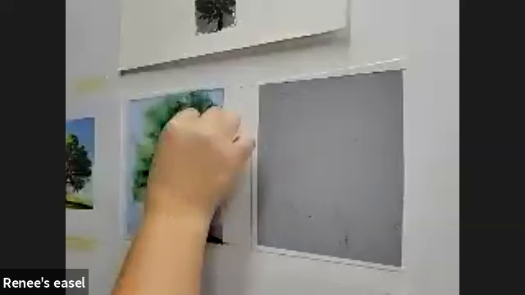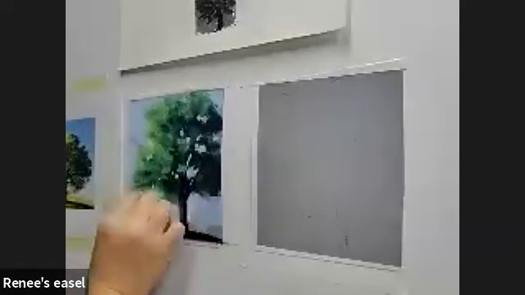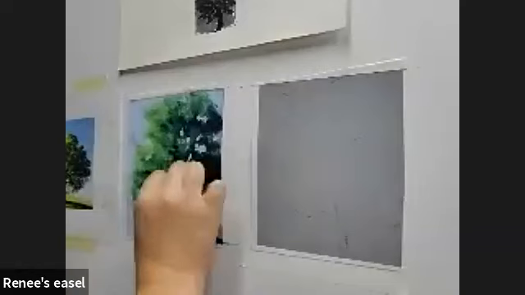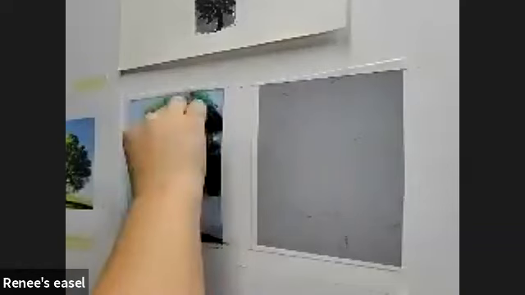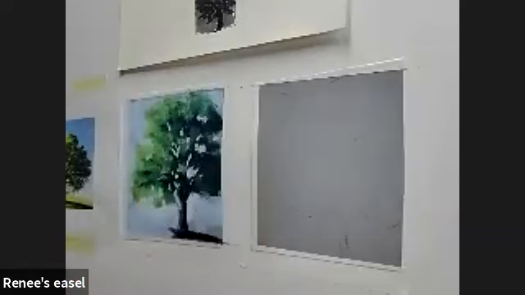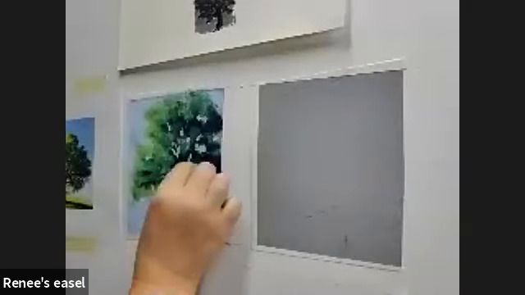This is too bright for what I want. But you can see all this value through the tree, and that's what helps make it. I'm going to add some blue on top.